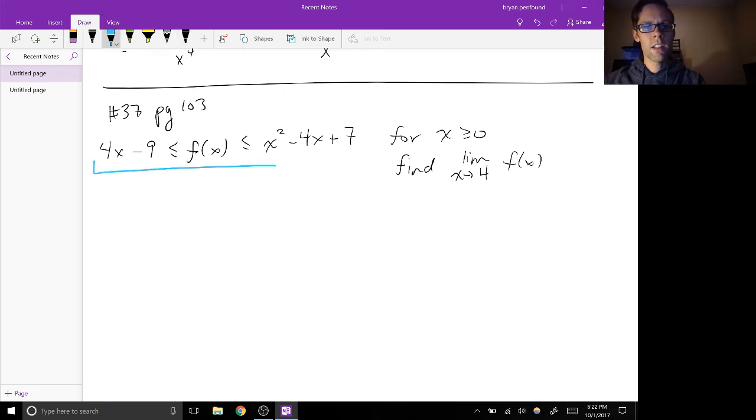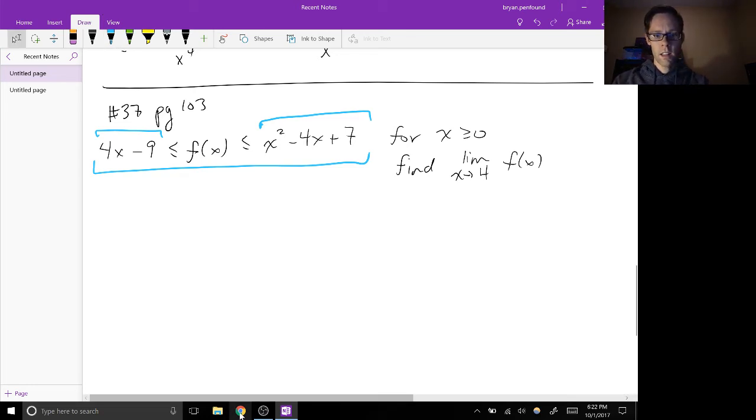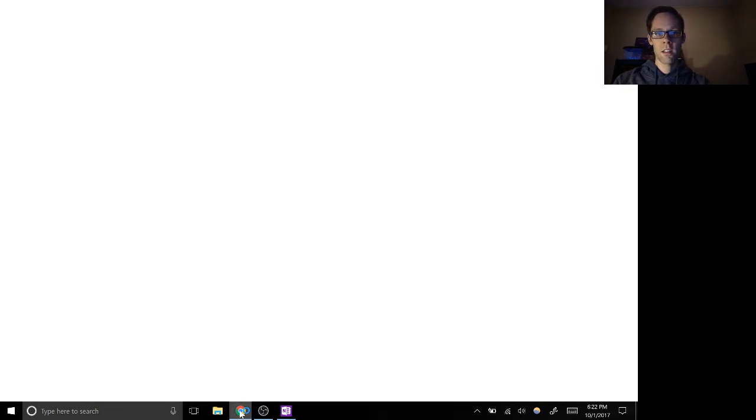So whenever I have an inequality that looks like this, it's telling me some information about f. It's telling me that f is going to be bounded above by this particular parabola, and f is going to be bounded below by this particular line. And let's see if I can open up Desmos here.